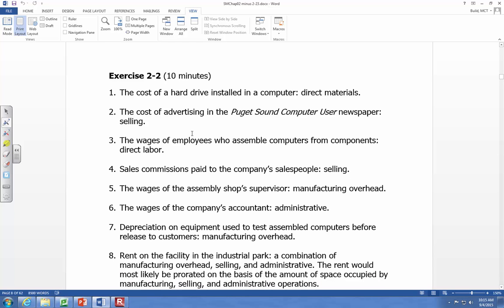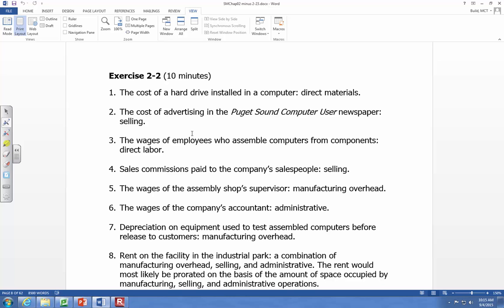Employee wages. So it's easily traceable. Here's a human being that's actually taking the components and assembling them. That is directly tied into converting raw materials to finished product, right? Good.